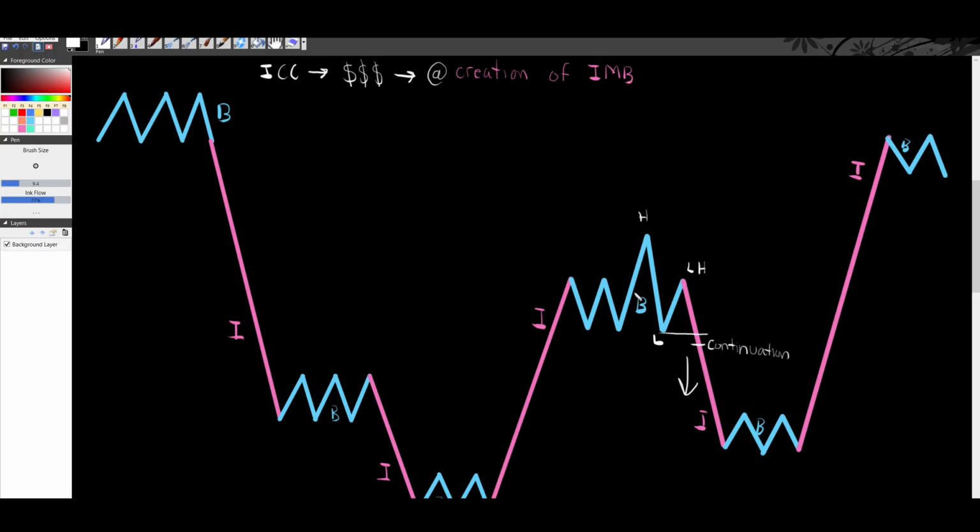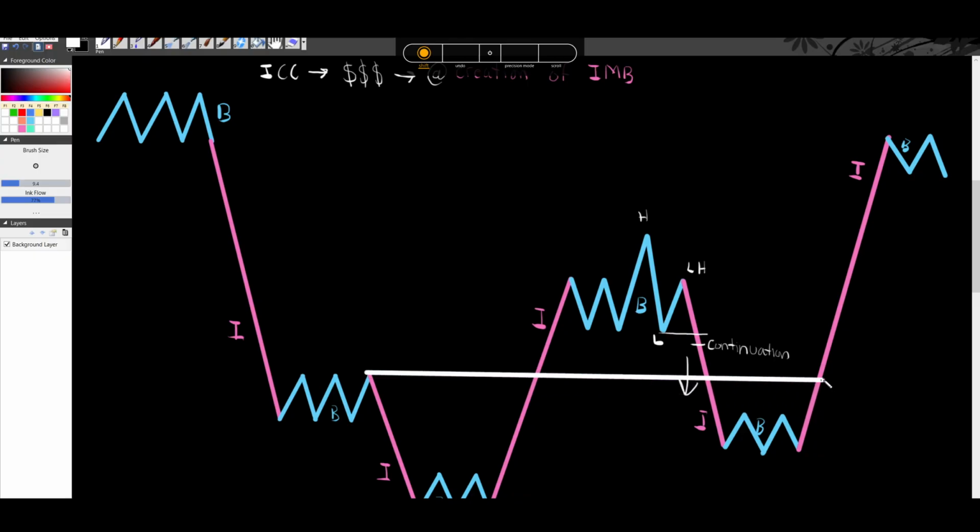Okay. And so what are we trading? Well, we're counter trend trading because we broke this high, right? But we're trading a confirmed trend right here.